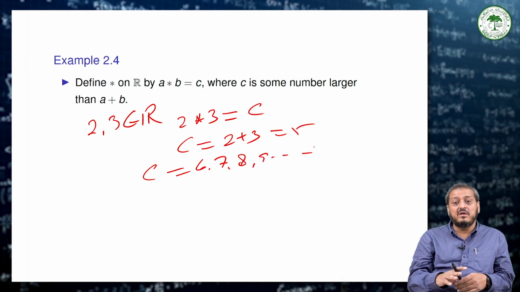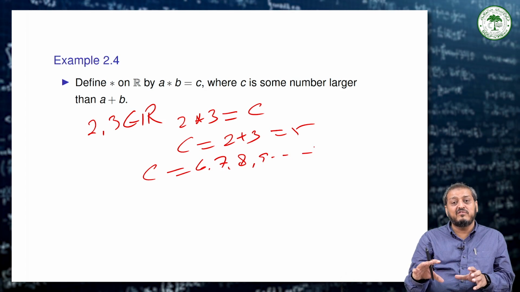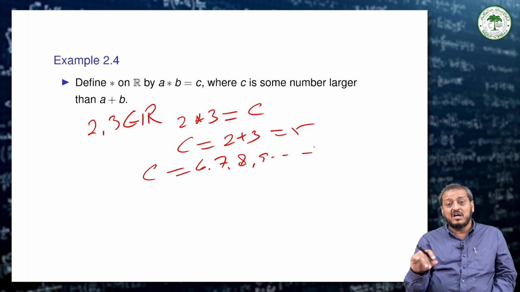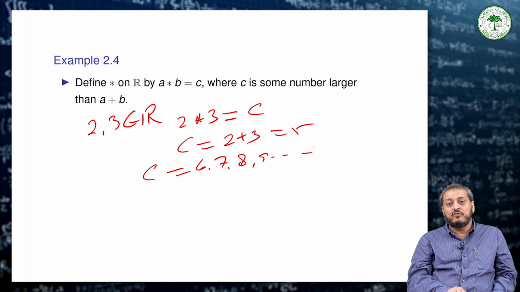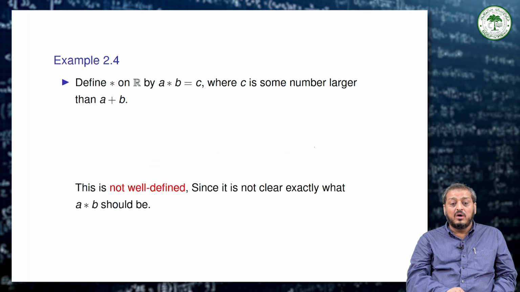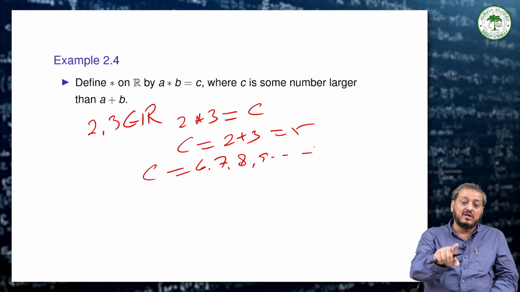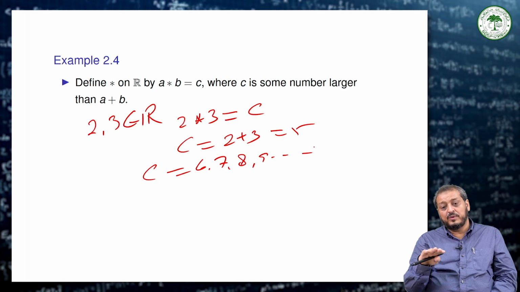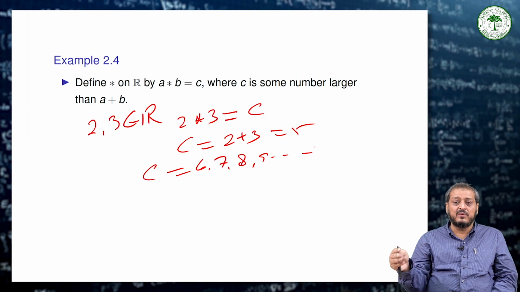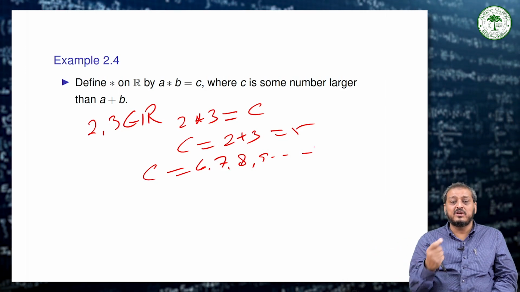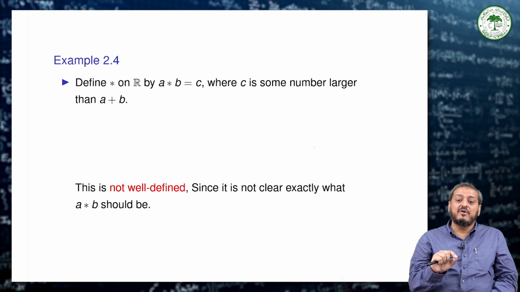So c is not a unique number. a * b is not giving a unique value. That means we can say that this is not well defined in this case. Since 2 + 3 = 5, a number larger than 5 could be 6, 7, 8, and that does not produce a unique number.